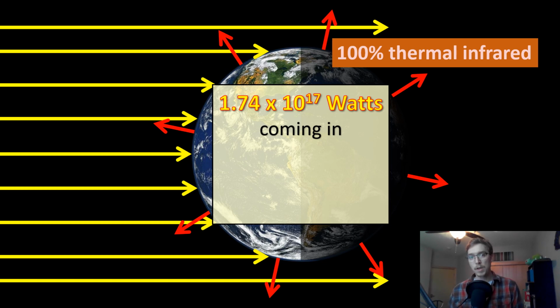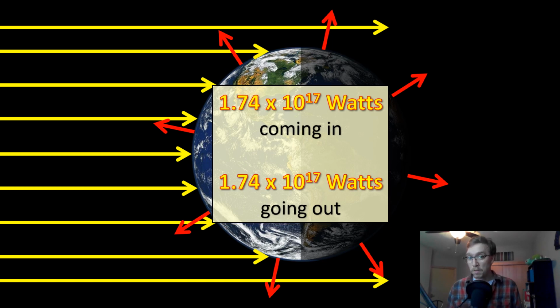So if we've got 1.74 times 10 to the 17th watts coming in, how many do we have going out as thermal energy? Well, if we think of those laws of thermodynamics that we talked about, energy in equals energy out. You have to have a balance. So it's 1.74 times 10 to the 17th watts going out.